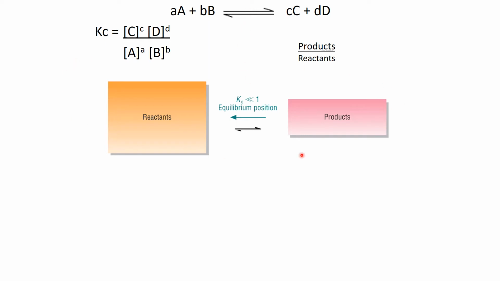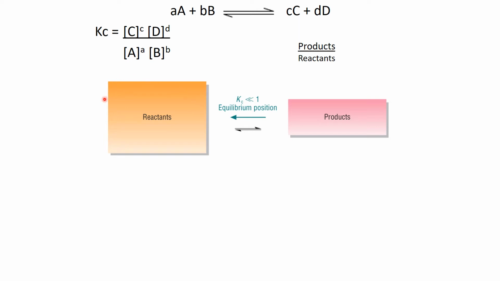What this diagram shows is that the equilibrium constant is much less than 1. So in other words, the position of the equilibrium is shifted far over to the left-hand side. This links in nicely with our last lesson on Le Chatelier.